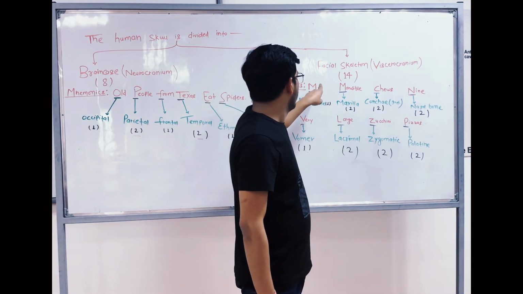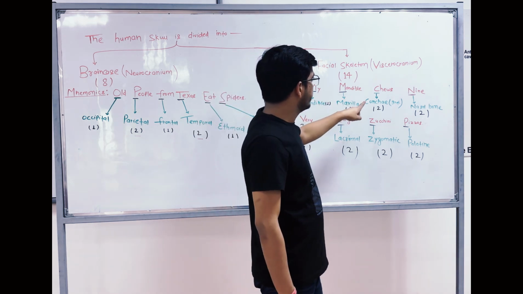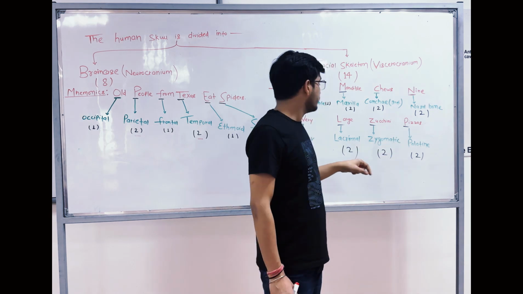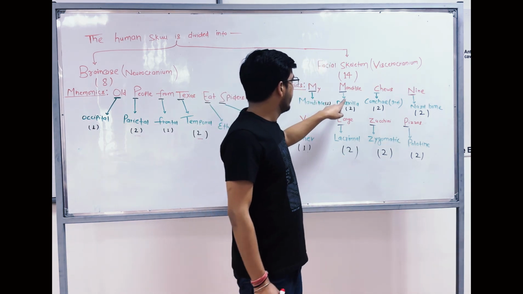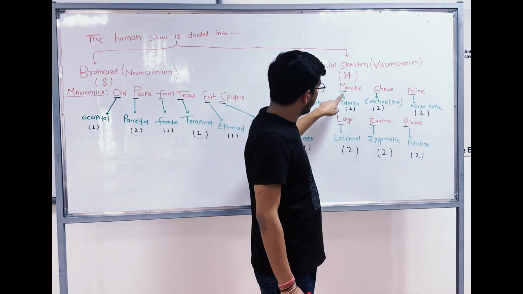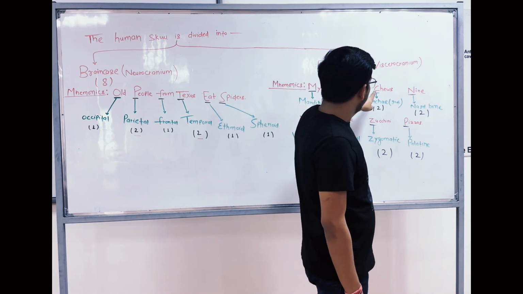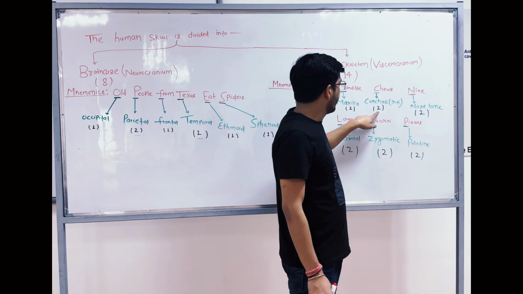Now we have a great mnemonic for the facial skeleton: My mandible chew 9 very large zucchini pizzas. M stands for mandible, that is unpaired, and the next M stands for maxilla, that is paired. Then C stands for concha, the inferior nasal concha, that is paired.